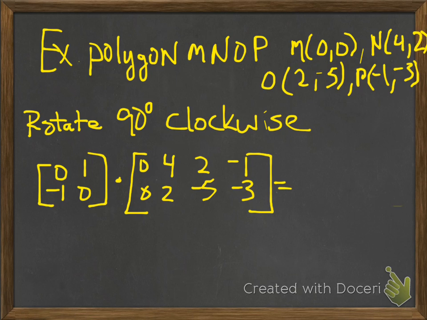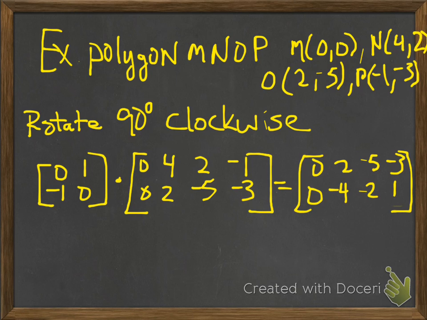If you do the multiplication there, notice the x and y still flip, but this time the old x's change signs. And that's pretty much translation, dilation, reflection, and rotation.